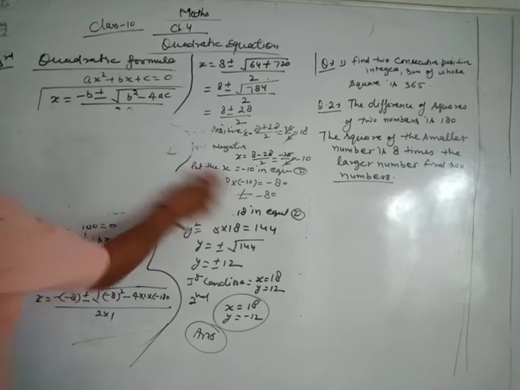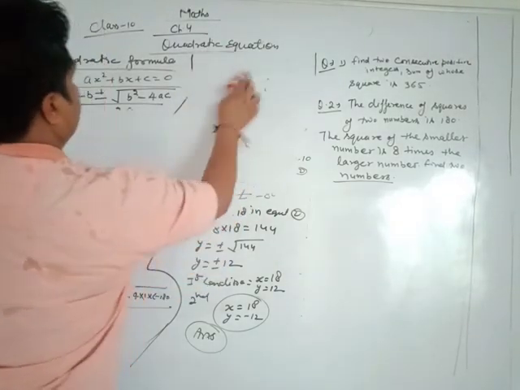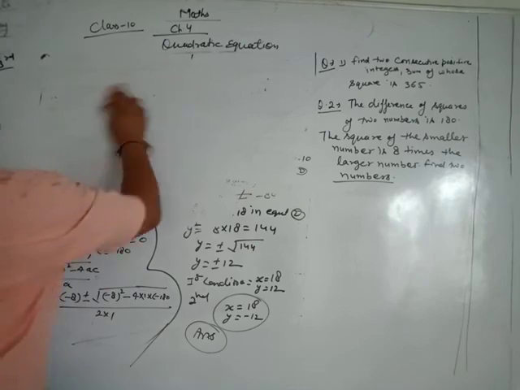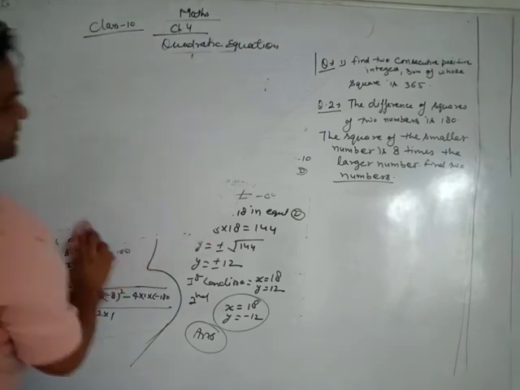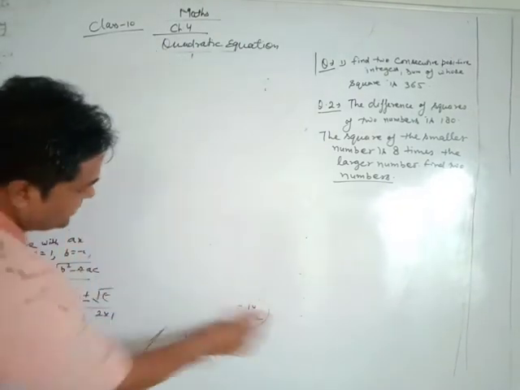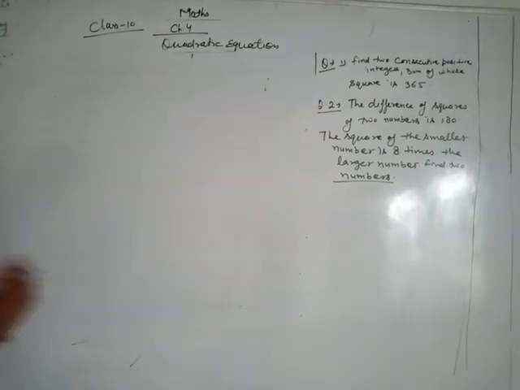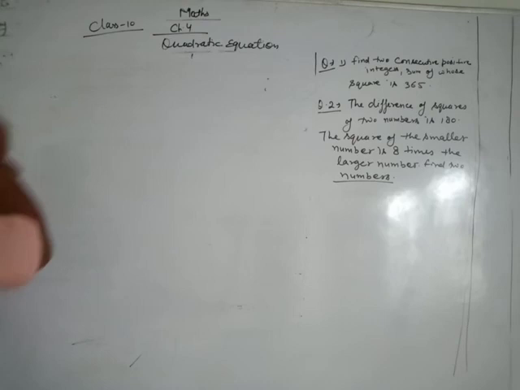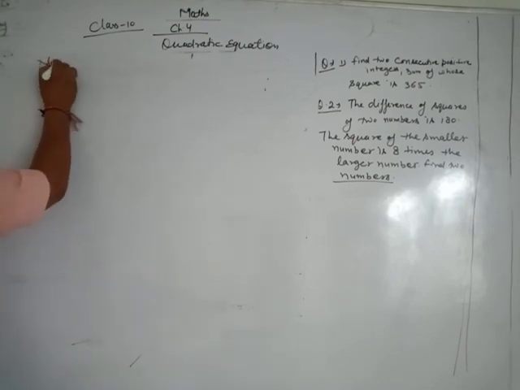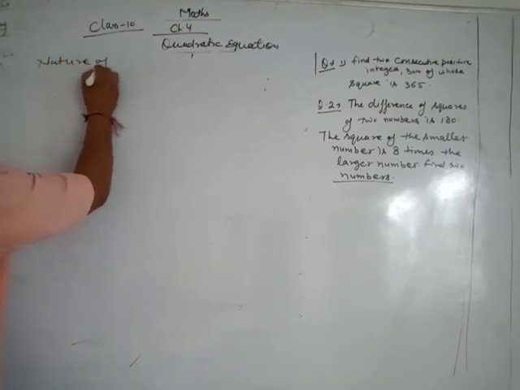Now the last part of this quadratic equation is called the discriminant. What is the discriminant? It tells the nature of roots, and that is called the discriminant.